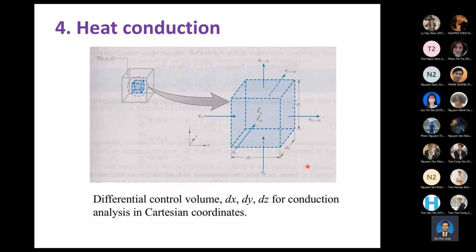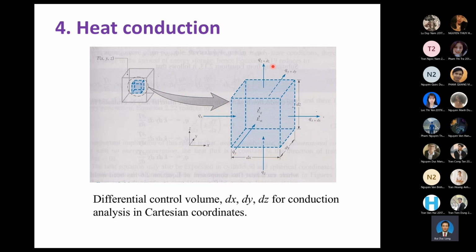The dimensions of this element are dx, dy, and dz. Heat transfer in the x direction will be qx in, and the rate of heat transfer, the heat flux, out of this surface will be q x plus dx.